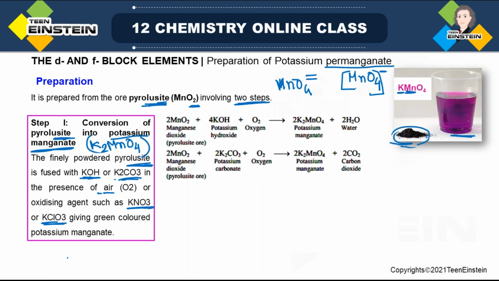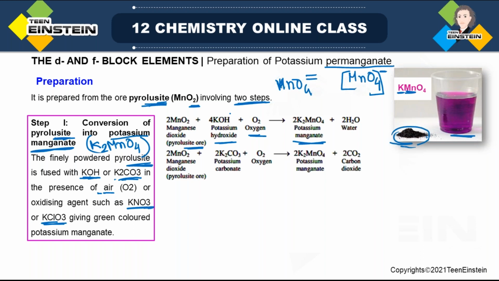Now we will see the reactions. We have taken pyrolusite ore. We are treating it with KOH because that is the reagent used for fusion purpose, and oxygen, which is basically coming from air, is the oxidizing agent. You are getting potassium manganate.